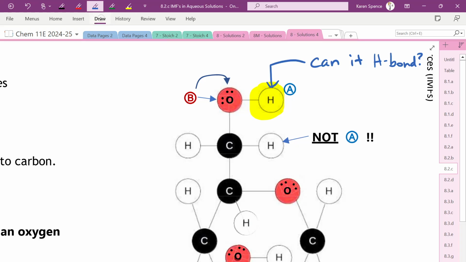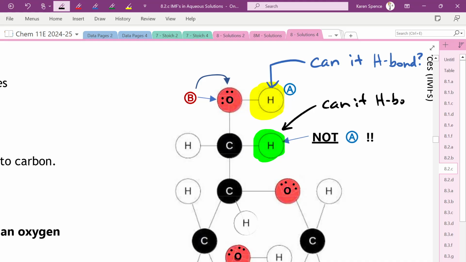How about our green hydrogen? Can it hydrogen bond? Tell your partner why or why not.